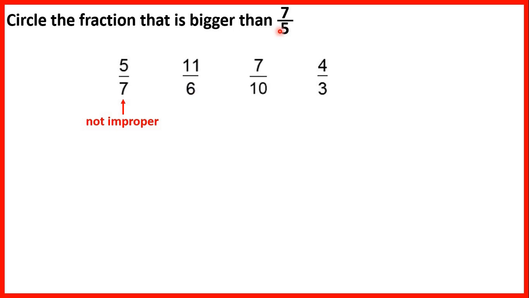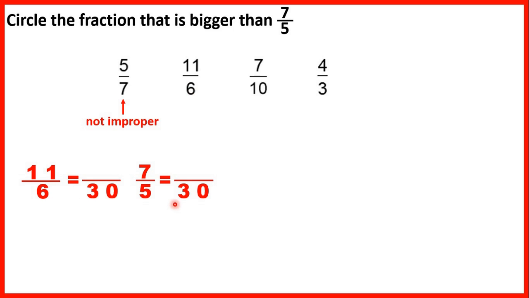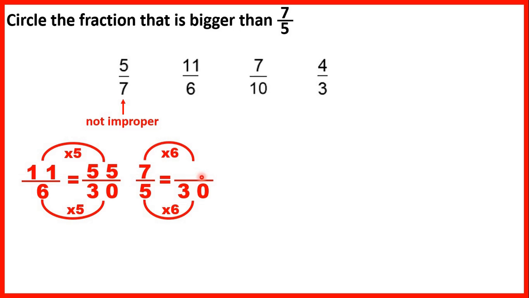So we need to compare these by finding an equivalent fraction. 30 is in both the 5 and the 6 times table, so we can find equivalent fractions with a denominator of 30. 11/6 is equivalent to 55/30, and 7/5 equivalent to 42/30. So that means 11/6 is larger than 7/5 because it's equivalent to 55/30, but 7/5 is only equivalent to 42/30.